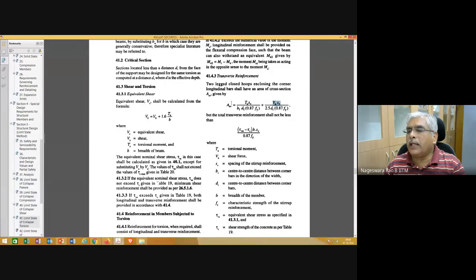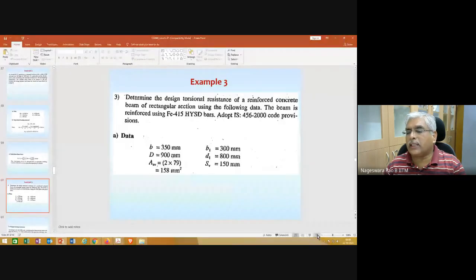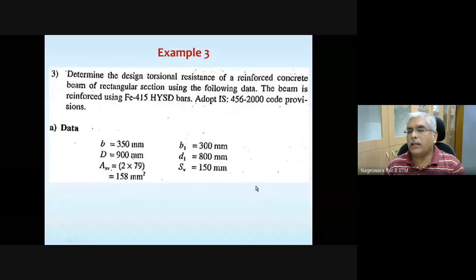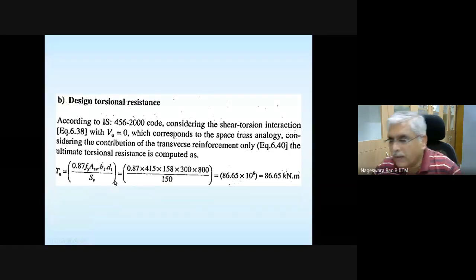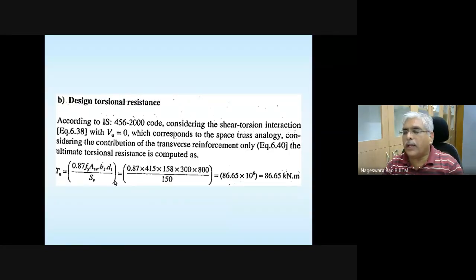So actually we can make use of this relation and back calculate what is TU, assuming VU is equal to 0. So that is how it's going to proceed in this problem. So for the torsional resistance, take the equation given in the code, assume VU is equal to 0, and rearrange it.